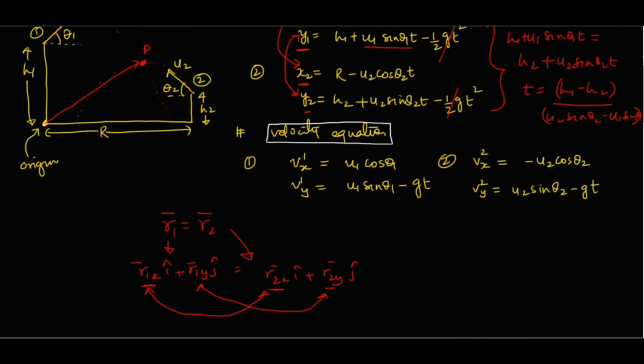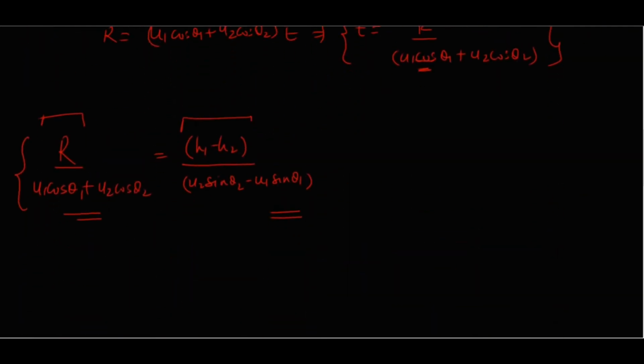Okay, and so in typical scenarios, the kind of problems that you're going to see is they are going to ask sometimes what is the horizontal distance, and everything else will be given, or they might ask what is the initial value of h1 or what is the initial value of h2 or maybe u1, u2. You get the point.